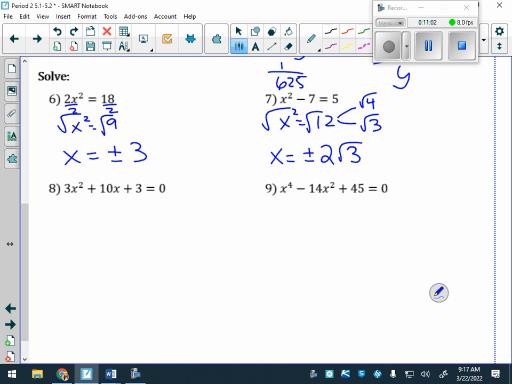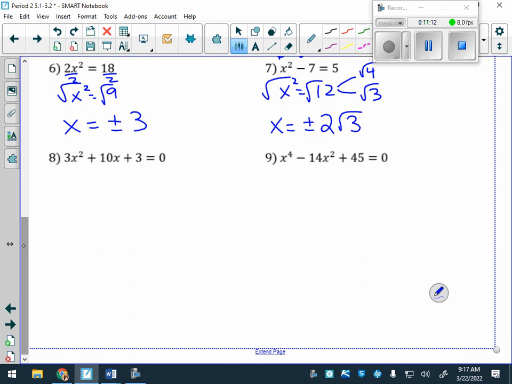Okay? All right, number 8. Our factoring is, what do we got? Okay. Pearson. Okay, Christian. Perfect. Okay, when you have a trinomial, you multiply 3 times 3 to get 9.